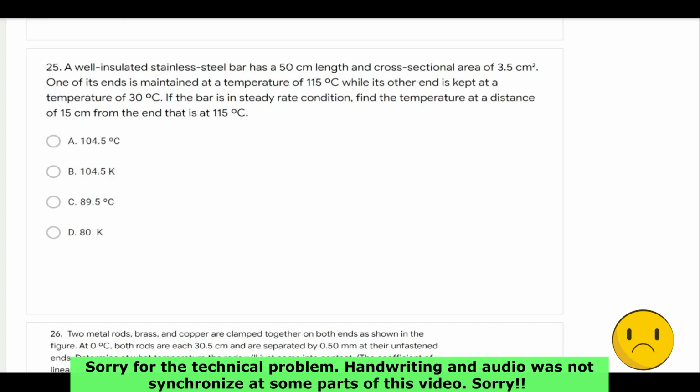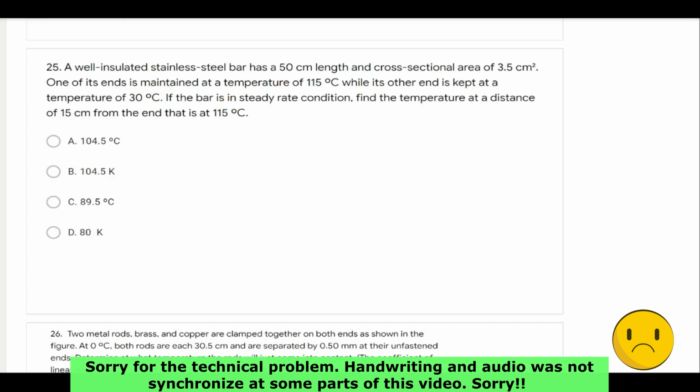And the temperature at this point, let's say I will put here as point A, where the temperature here is 115 degrees Celsius. Where the temperature at this point B, ataupun kita letak C, which is 30 degrees Celsius.